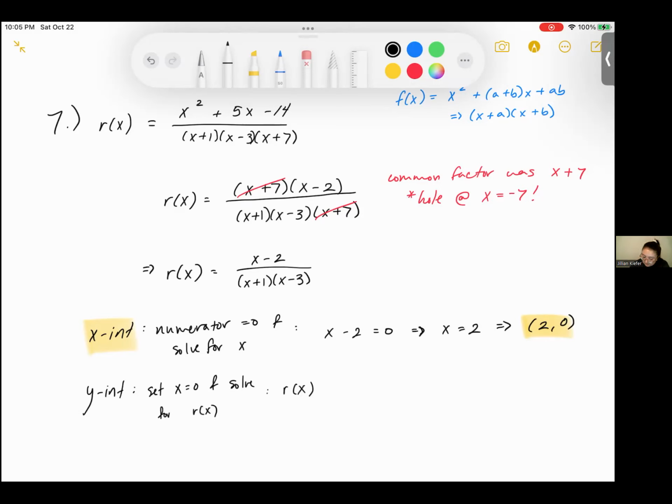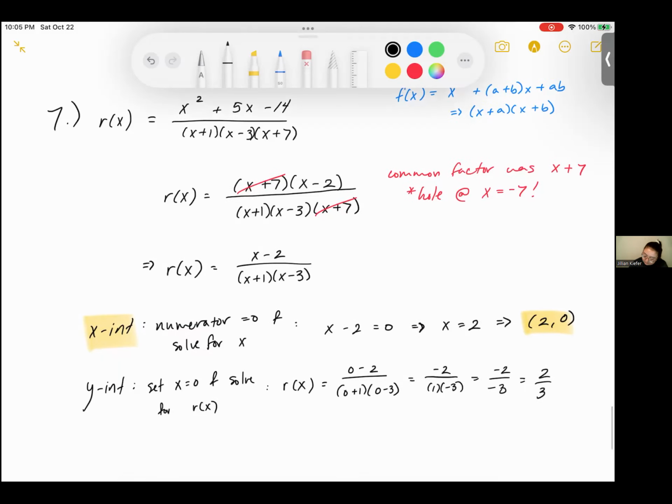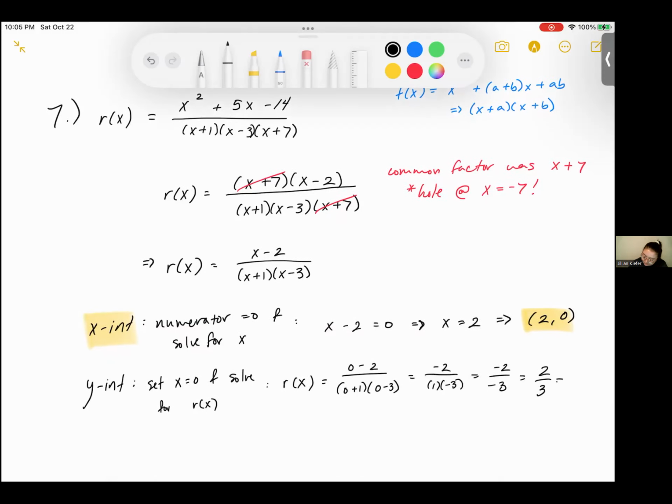So r of x would be equal to 0 minus 2 divided by 0 plus 1 times 0 minus 3. 0 minus 2 is negative 2. 0 plus 1 is 1. And 0 minus 3 is negative 3. This is negative 2 over negative 3, which is equal to 2 over 3. This means that our y-intercept will be (0, 2/3).